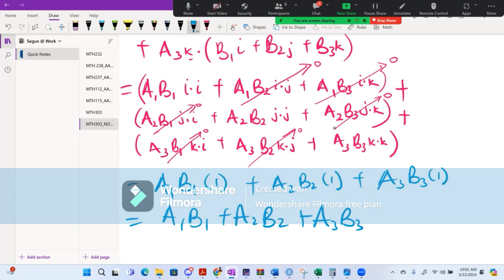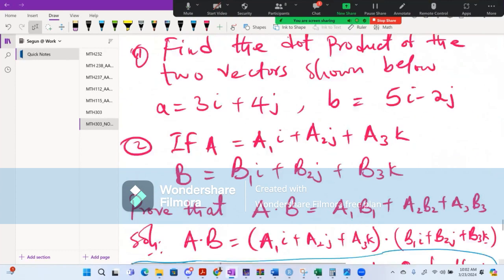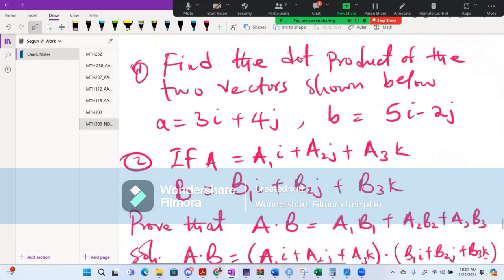So now that we have this, we can gladly solve the first question without any stress. If you look at the first question, what does it say?